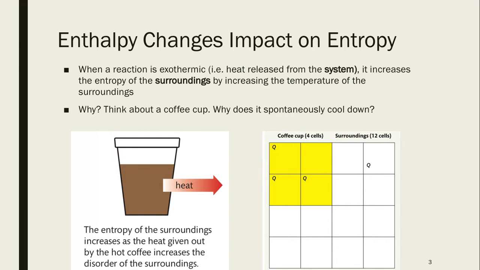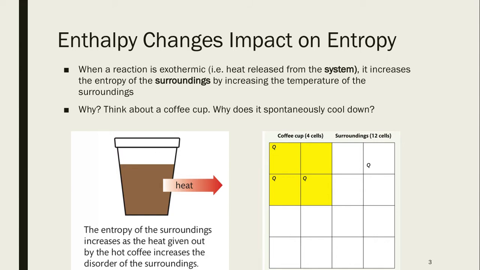An example is, let's say we take a coffee cup, and we know that when we leave a hot cup of coffee, it will spontaneously cool down. Well, we know that heat will be released from the system to the surroundings, right? Exothermic. And as we can see in our diagram on the right, our coffee cup is very, very contained, right?